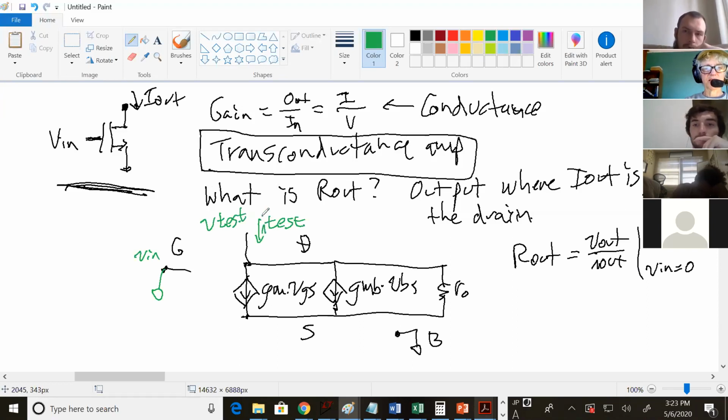And then what do I do to the source? It's grounded, yes. On the original circuit, the source is grounded, so we get to ground that.